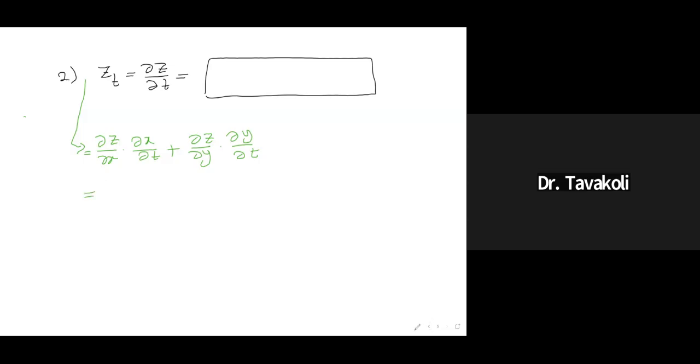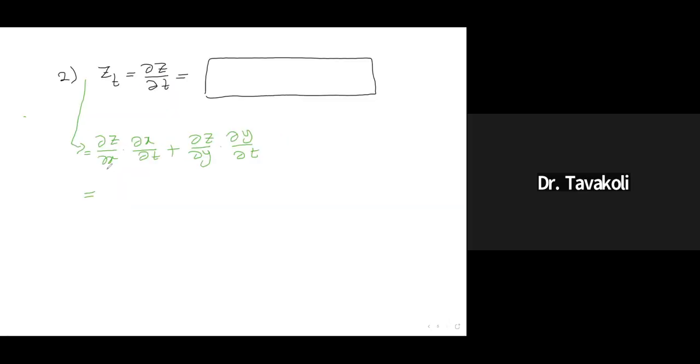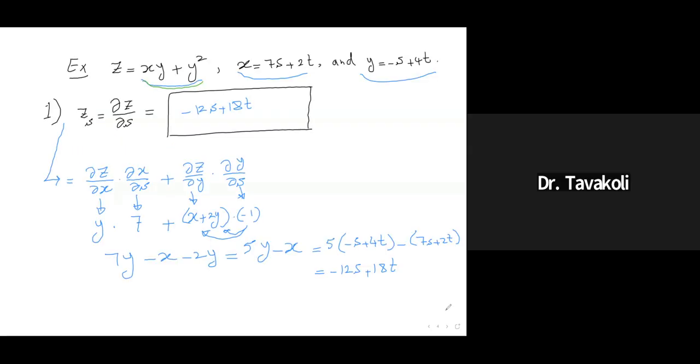Okay, as we know, z is xy plus y squared. The partial derivative of z with respect to x is just y. Now let's find partial derivative of x with respect to t. x is 7s plus 2t, so the partial derivative with respect to t is 2.